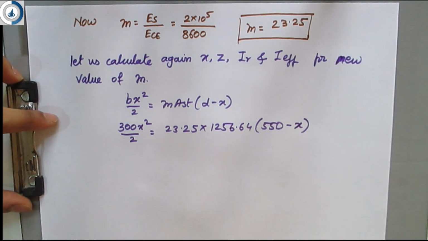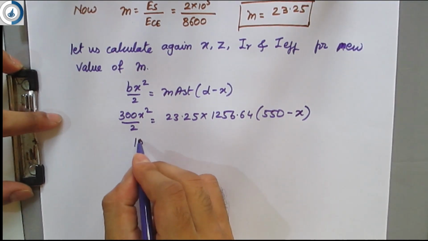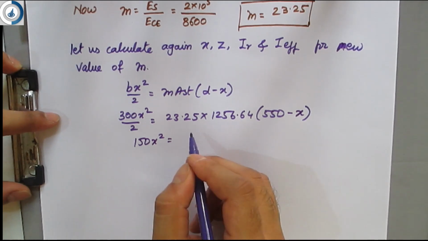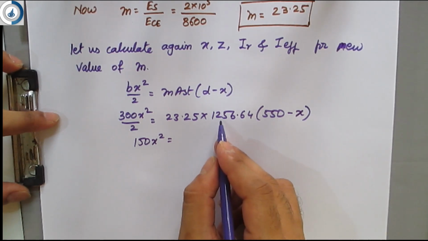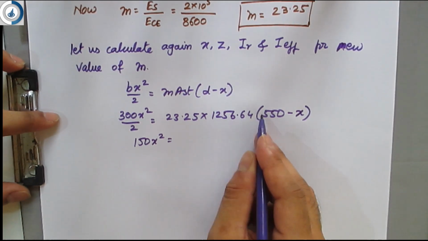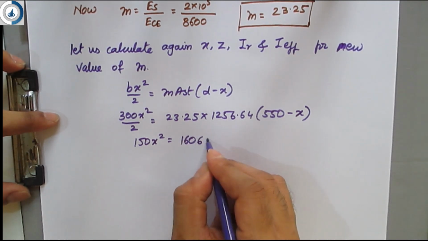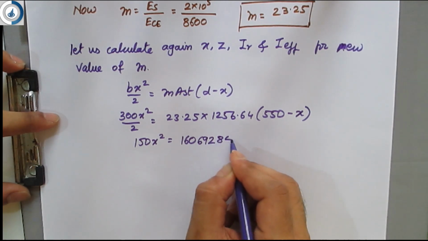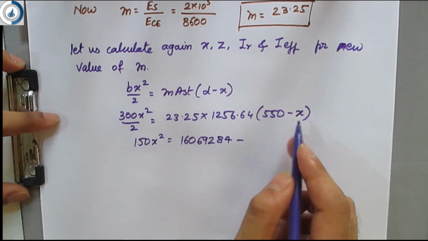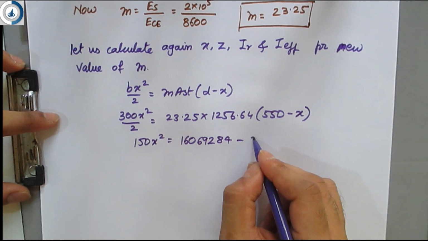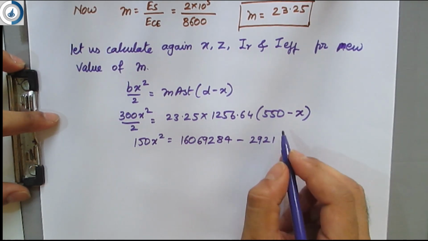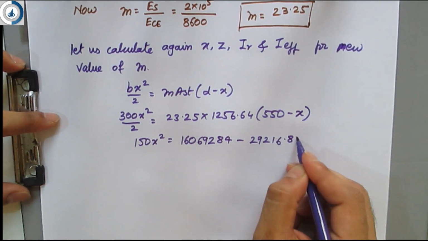So this again cancels here, so it becomes 150 x square. So this 23.25 into 1256.64 into 550, you will be getting 160,692.84 minus these two terms into x, that is 29,216.88x.